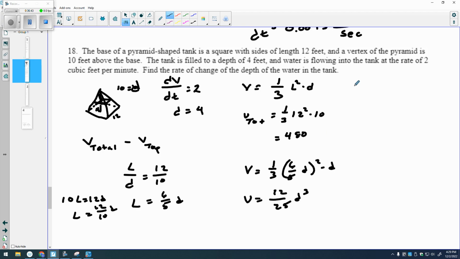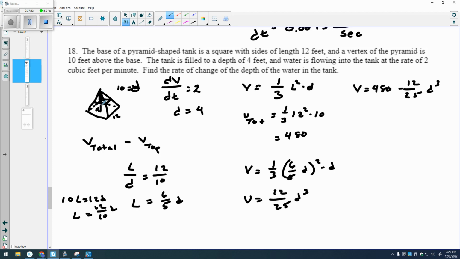So my total volume is going to be 480 minus that expression, 12 over 25 D cubed. That's the volume of this right here. All right. What's my definition of D? In this case, I defined D to be from here up, right?